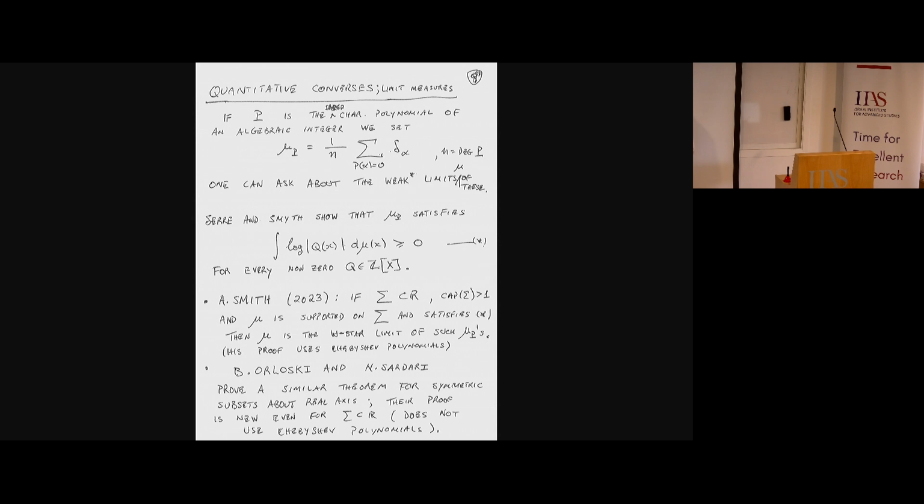And what Alex Smith proved very recently and gave a lecture about two days ago here, is that this condition here is necessary and sufficient for real guys, and for non-real, this is what they've proved. So this is a quantitative version. That doesn't mean we know what all these measures are which satisfy this, but this varying q here allows you to do serious stuff, and I would call it a quantitative converse to Fekete.